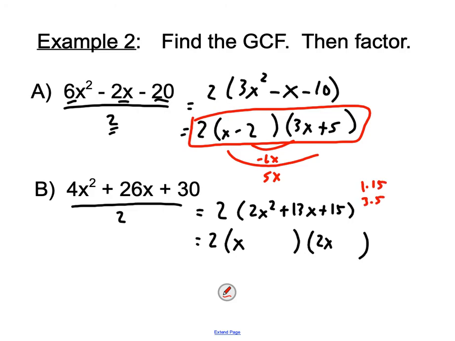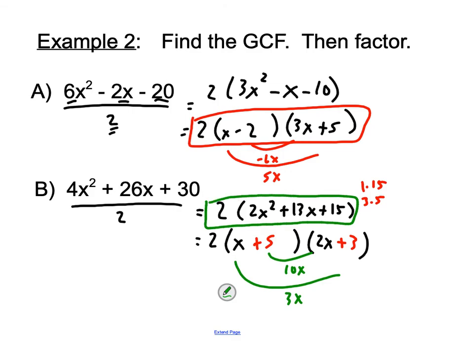I'm going to go with the 3 and 5 and try that out and see if that works. So checking the inners and outers there, 10x plus 3x doesn't give me the middle term of 13x. So that does not work.